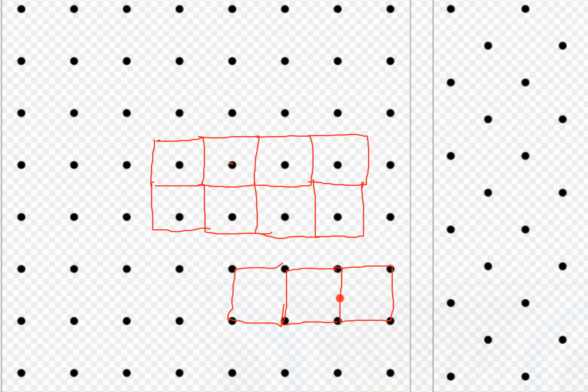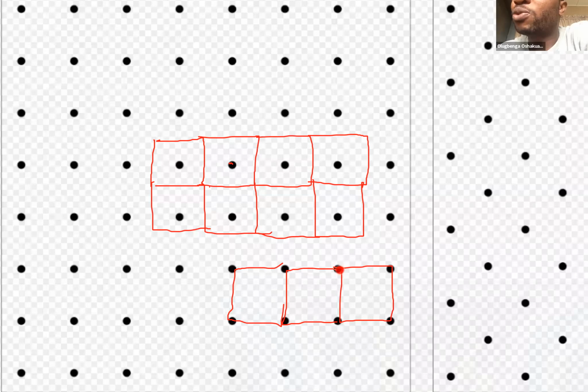Each of these points, this particular point is contributing 1/4 of its value to this region. It's contributing the other 1/4 to this region, and another 1/4 to this region, and the last 1/4 to this region. Since this particular point is contributing 1/4 to this region, this point is also contributing 1/4 to the region of interest.